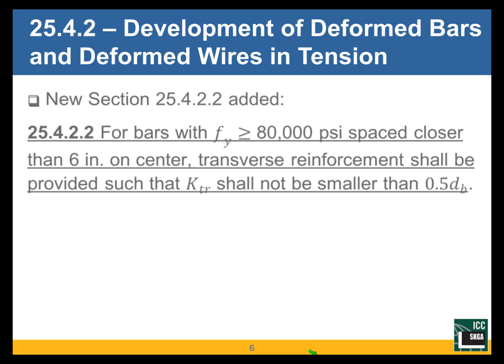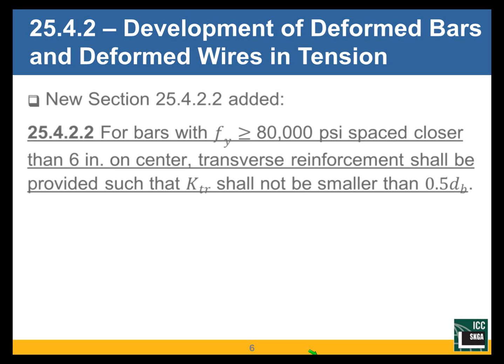Going beyond that, this is now development of deformed bars and deformed wires in tension. This is an addition that has been made that makes, I think, a lot of sense for bars with f_y larger than or equal to 80,000 psi. So these are the new 80 ksi and 100 ksi bars.